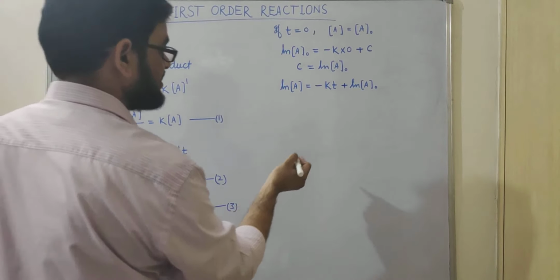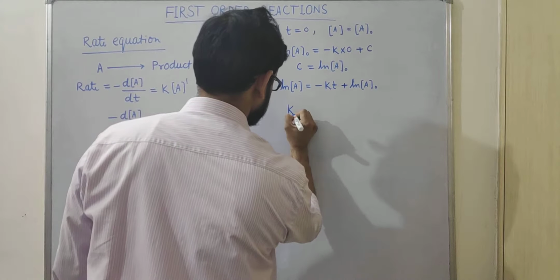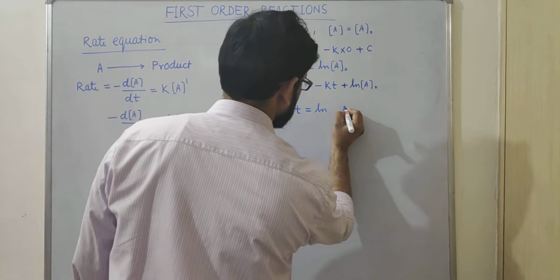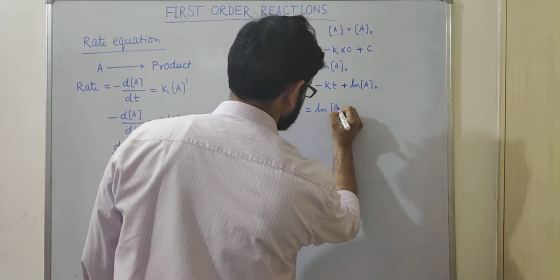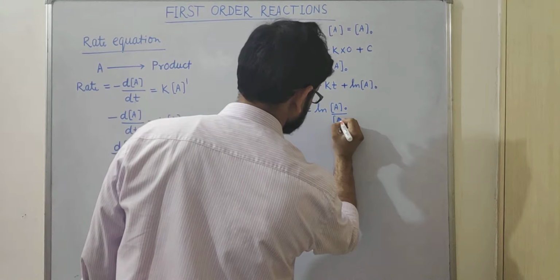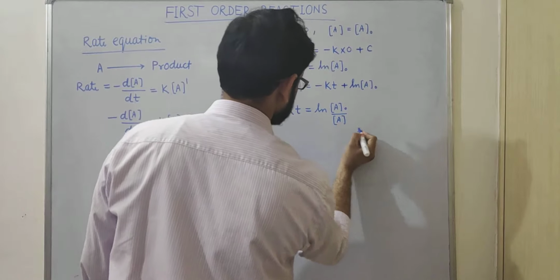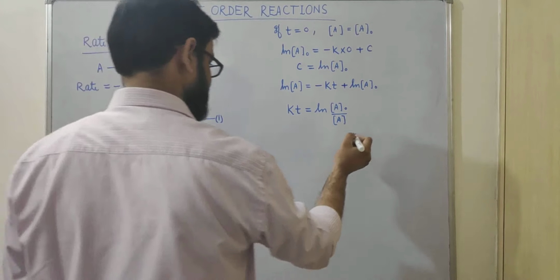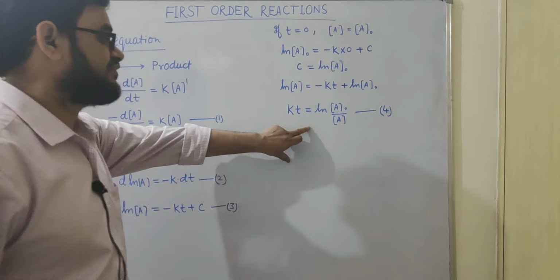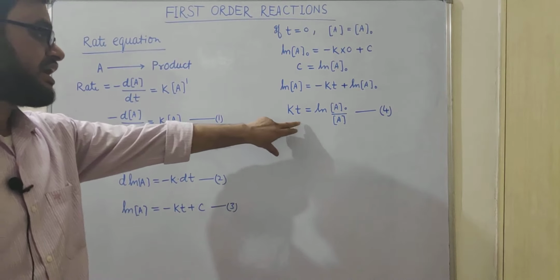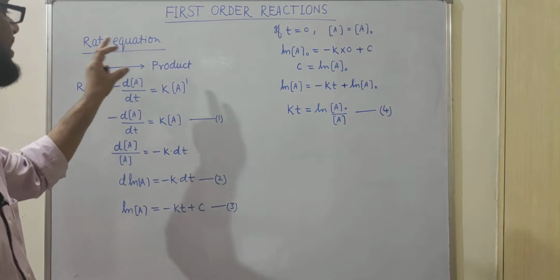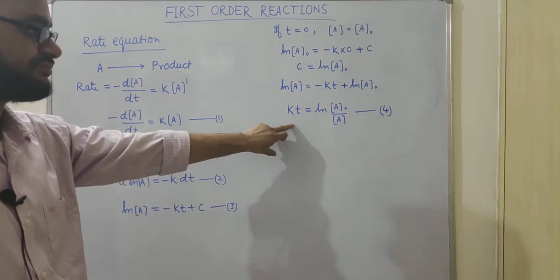So rearranging this equation, we can get kt is equal to ln A0 upon A. So this is equation number 4, and the equation number 4 is called integrated form of rate equation for first order reaction.